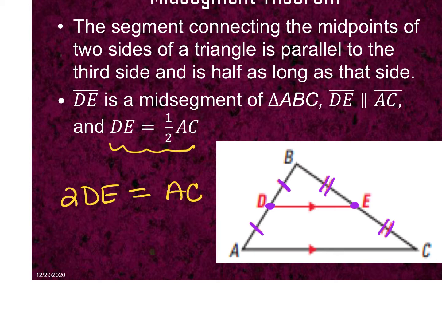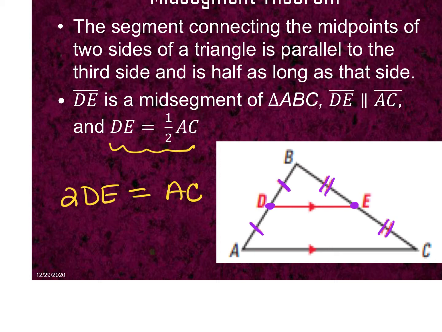So pretty much all we're going to be doing in this lesson is multiplying and dividing by 2 to figure out the missing pieces, unless they're asking you to find a piece of a side of the triangle that has been split into 2 congruent pieces. So let's go ahead and do 3 examples and then we're done with this lesson.